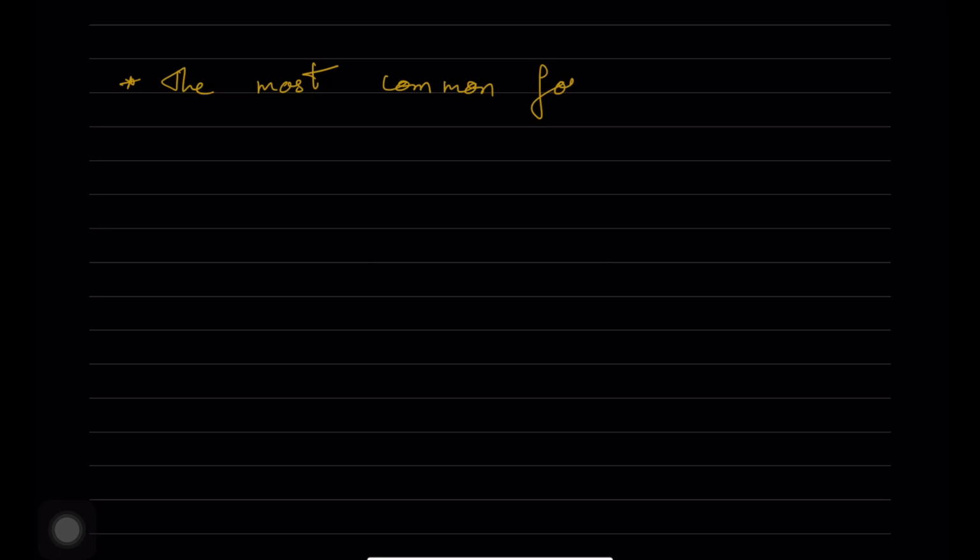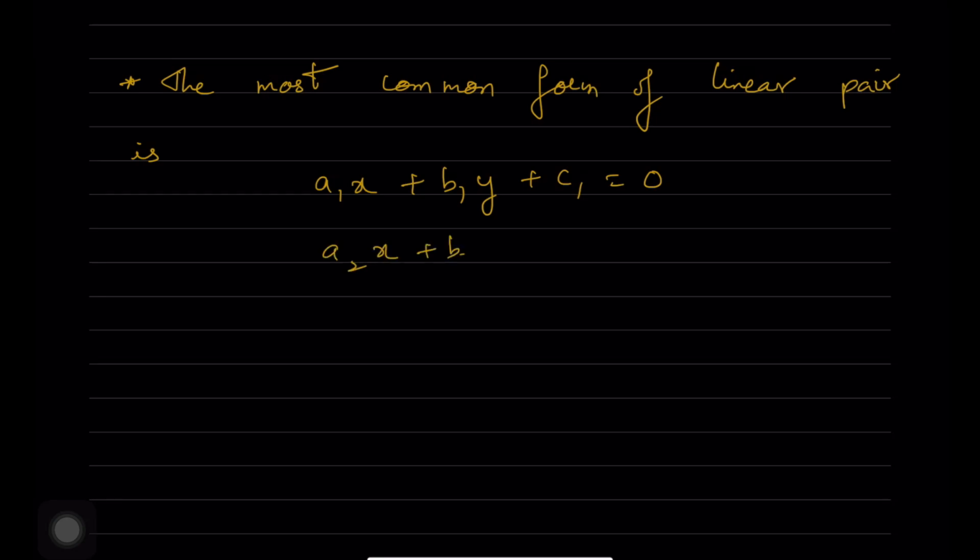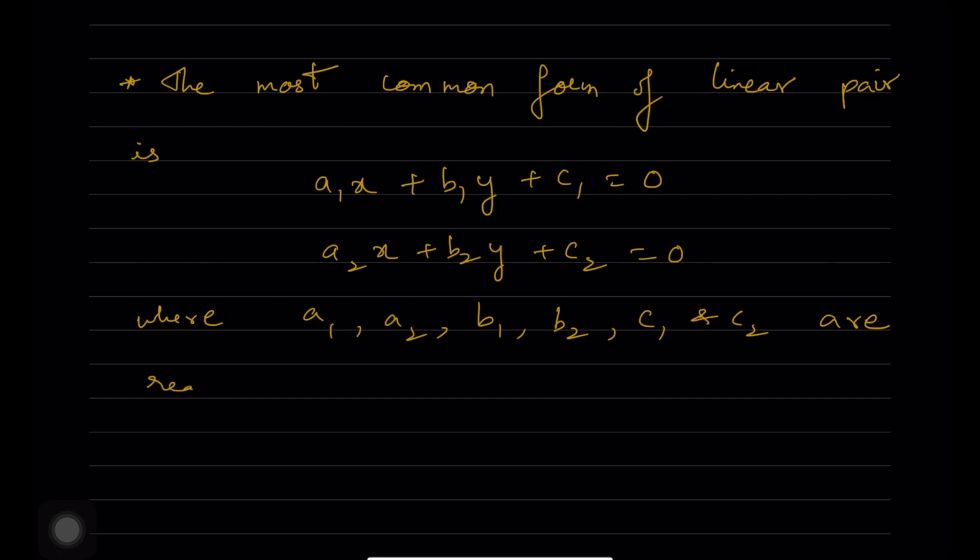So next important point to be remembered here is the most common form of linear pair, which we are having, is a1x plus b1y plus c1 is equal to 0, a2x plus b2y plus c2 is equal to 0, where a1, a2, b1, b2, c1, c2 are real numbers such that a1 square plus b1 square is not equal to 0 and a2 square plus b2 square is not equal to 0.